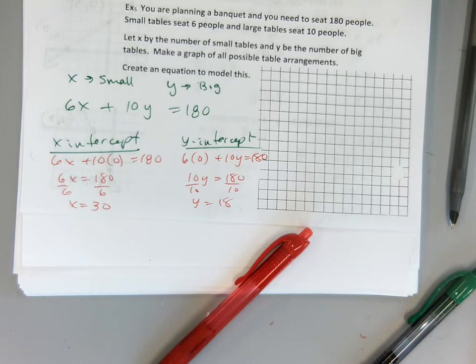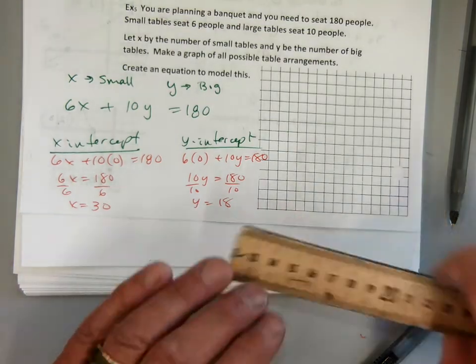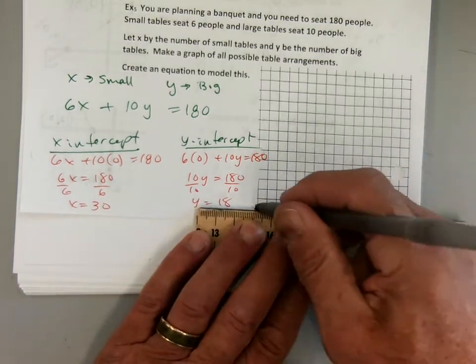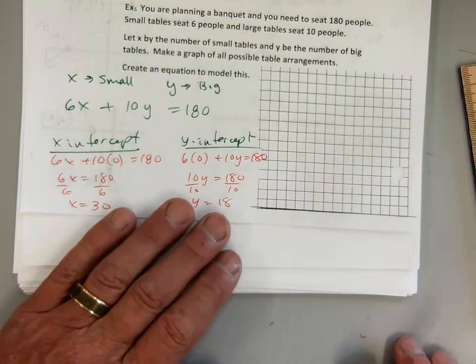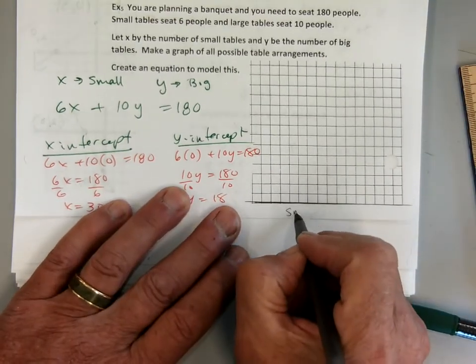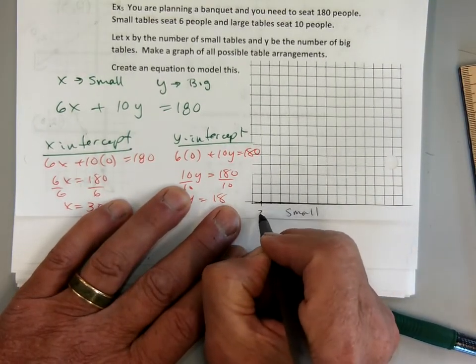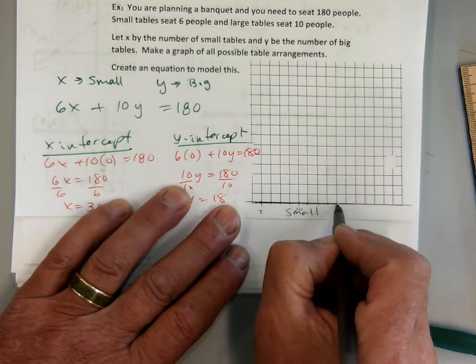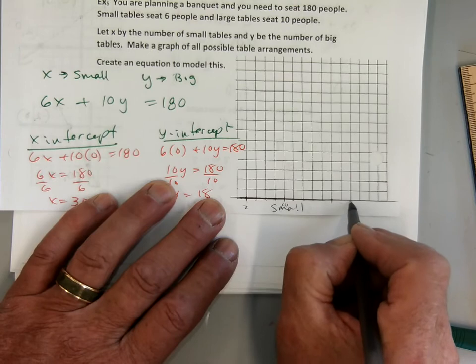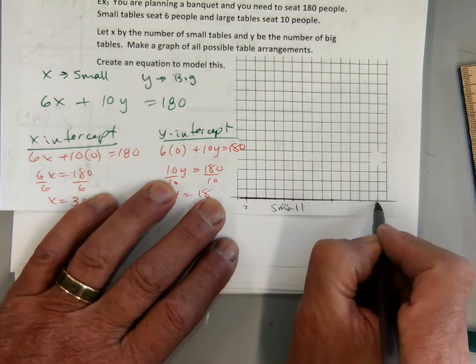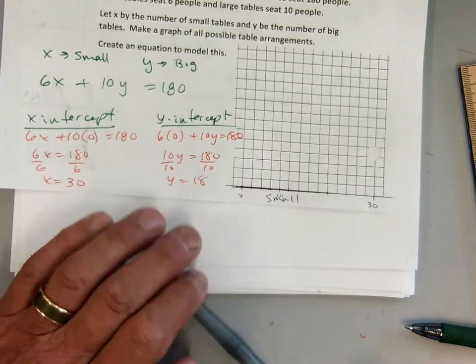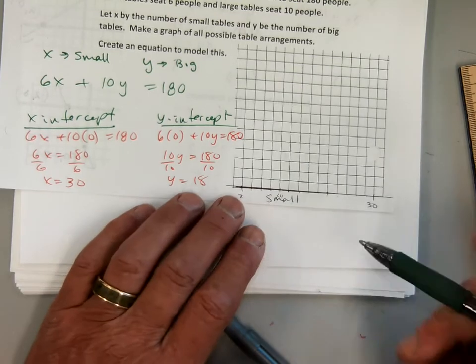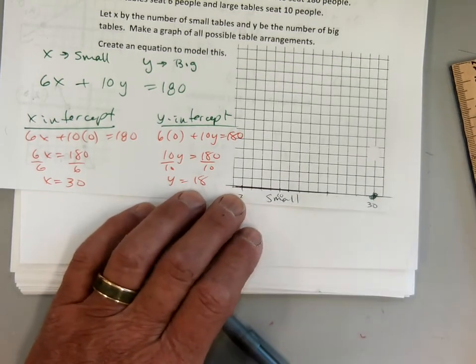So when we graph this, let's go ahead and put the graph down. So when I make my graph, I know I'm probably going to change my axes, maybe if I go by 2s, this is my small. 2, 4, 6, 8, 10, 12, 14, 16, 18, 20, 22, 24, 26, 28, 30. I'm going to put a point right there.